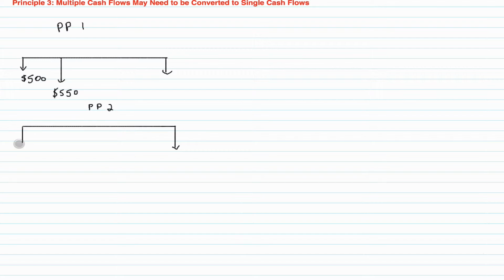You are asked to pay, let's say, 600, and this one is at 7% interest. So what is 7% of 600?